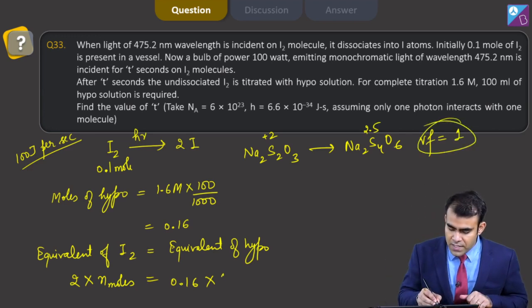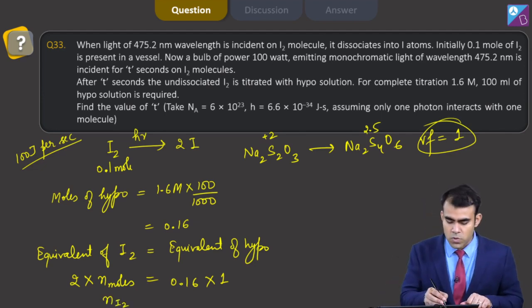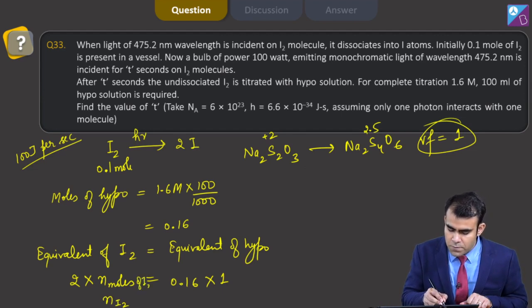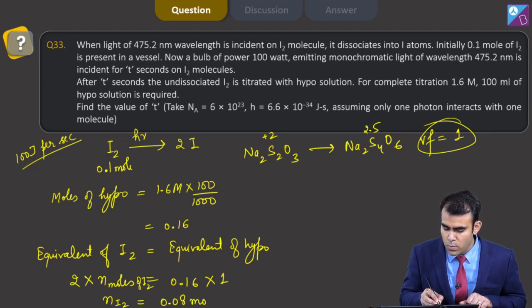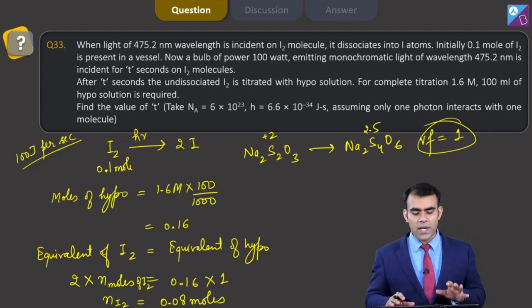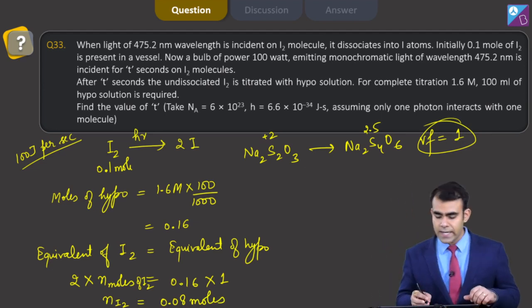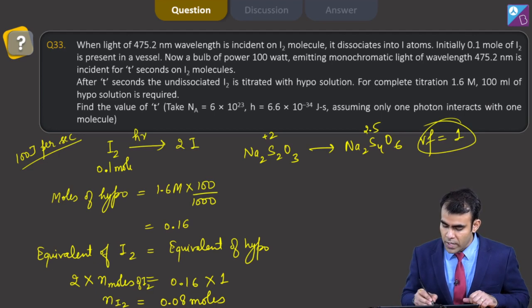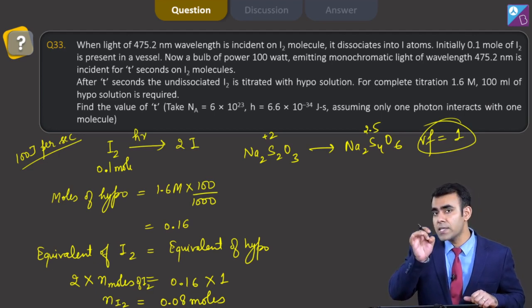Now as the valency factor is 1, I can say the moles of I2 that react with hypo is basically 0.08 moles.